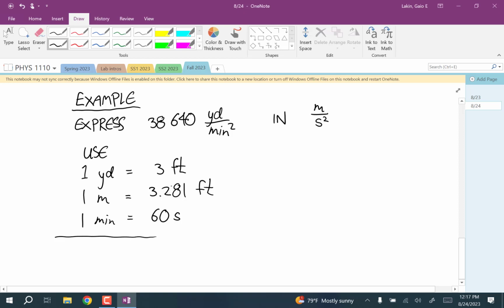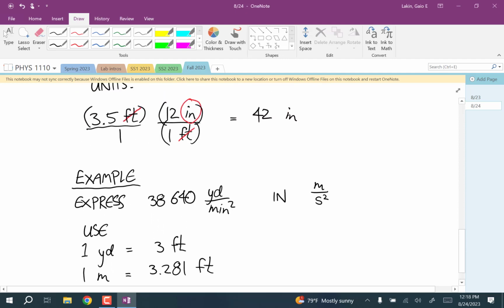That's still not the unit of length that we want, so then we're going to multiply by another one that goes from feet to meters. Then minutes squared, we're going to think of as minutes times minutes. That's the definition of squared. So then we're going to do one conversion factor that changes one of those 2 minutes to seconds. And then we'll do it again to convert the other minutes to seconds.